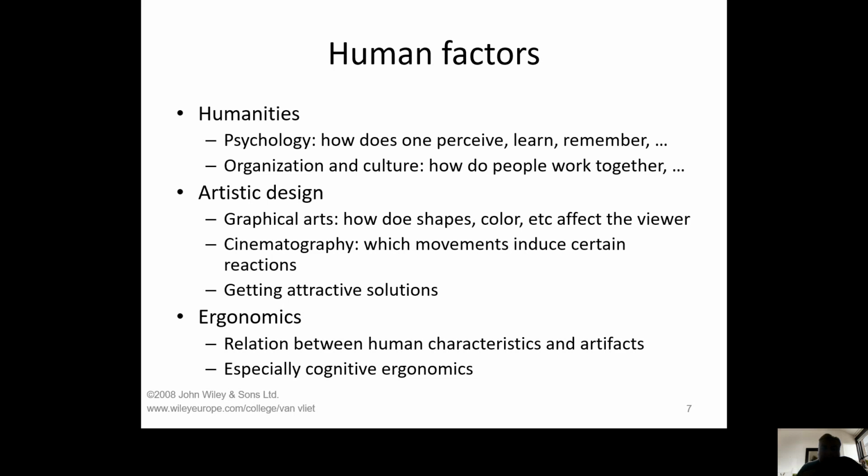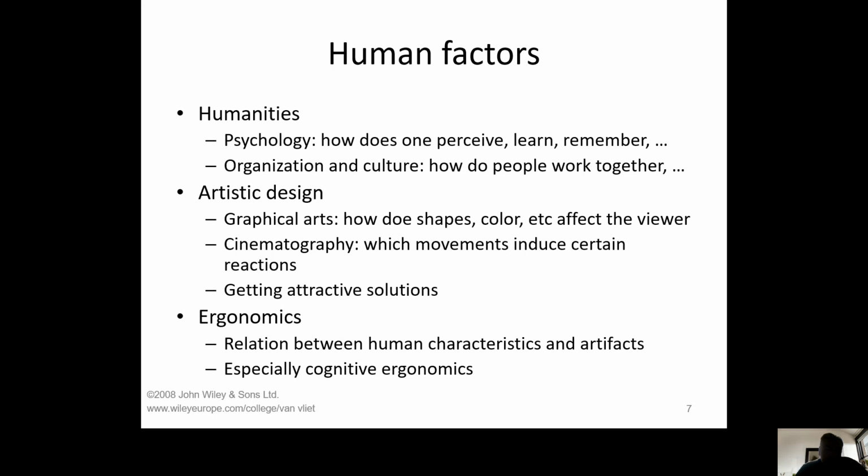So organizations, cultures, a lot of artistic design, a lot of graphic arts, a lot of cinematography, motion pictures, anything that actually entices your user to make a better application, so it makes more demand or more of a one-on-one, face-to-face communication with your user when you use it.